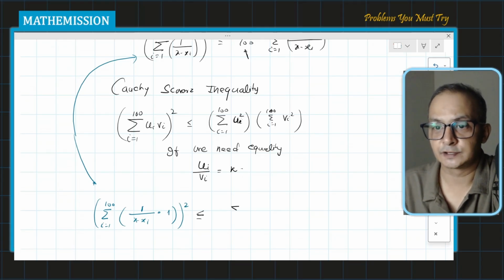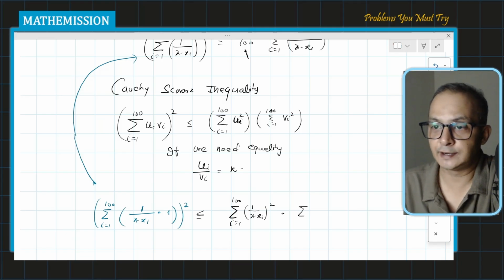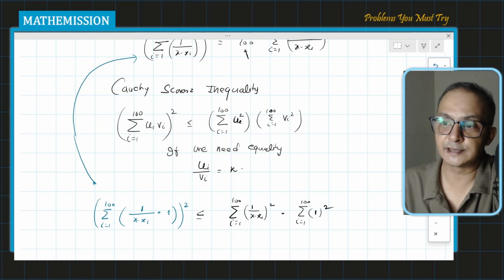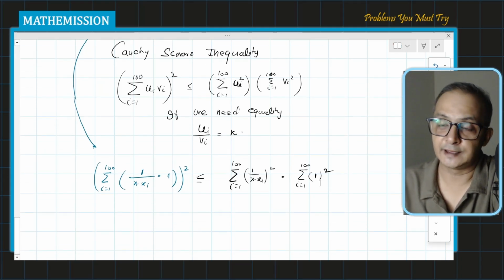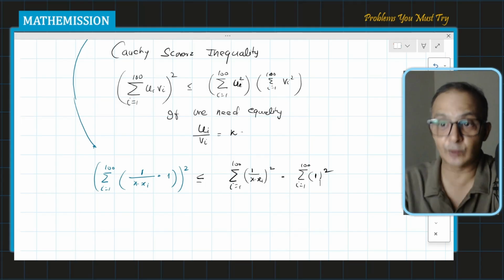Let me write it first: summation of 1 by (x minus xi) the whole square, i goes from 1 to 100, into summation i goes from 1 to 100 of 1 squared. And 1 squared is 1, and you are just adding 100 times, so this will give you 100. It means the Cauchy-Schwarz inequality is holding exactly, at equality.